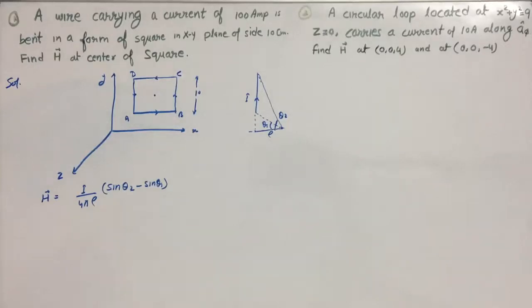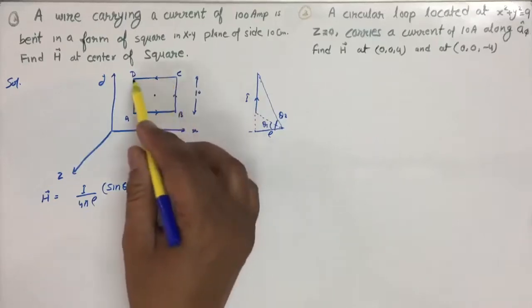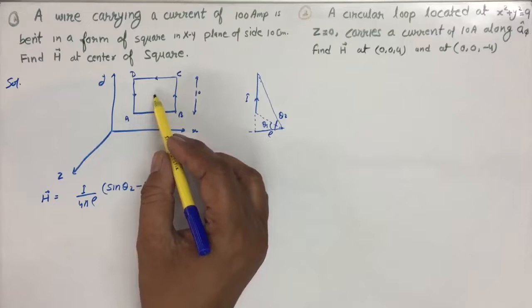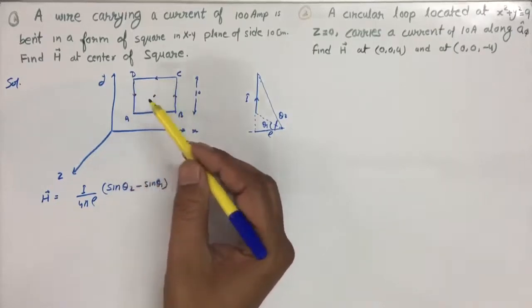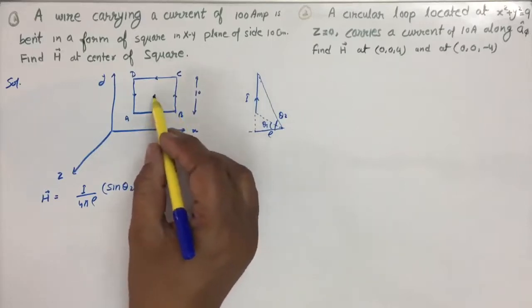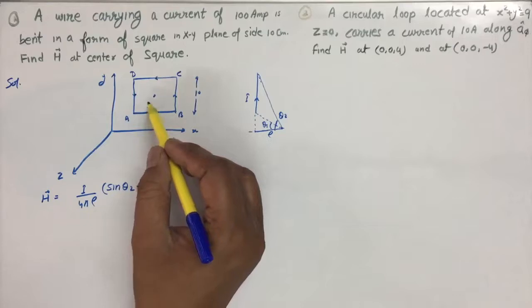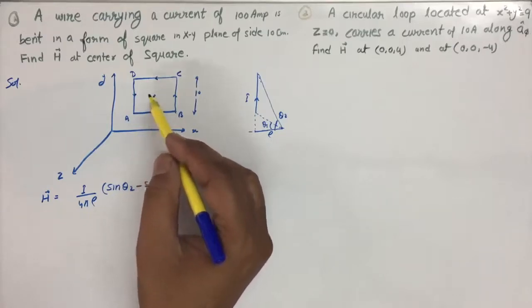So from here, let us assume four conductors of finite length and start finding the intensity due to every conductor at this point. Before finding the value, let us find the direction of the intensity H at this point.